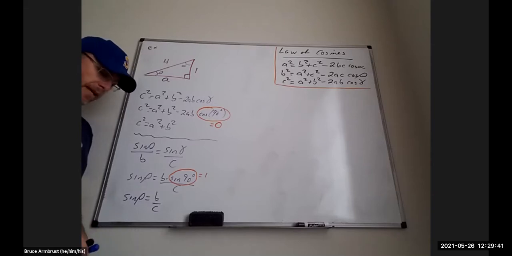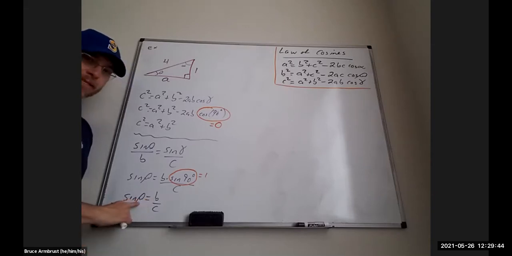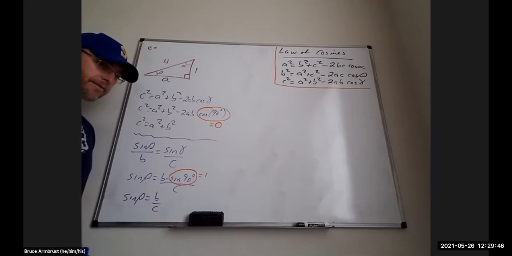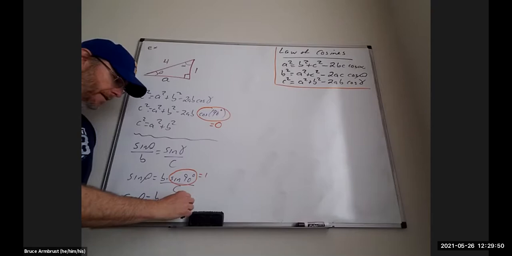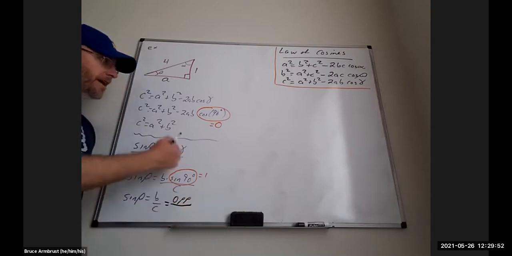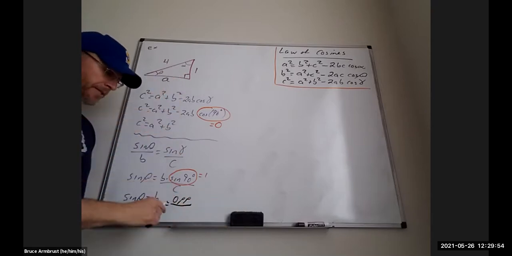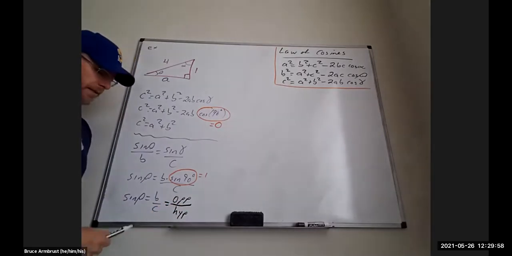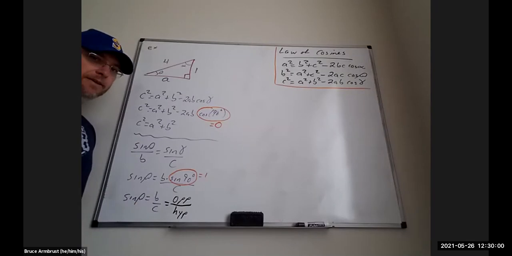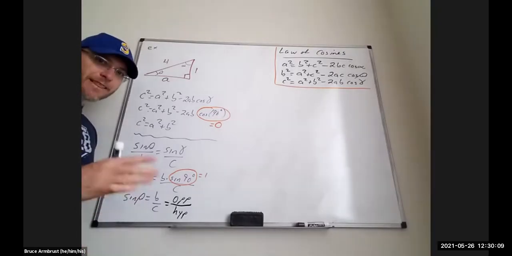Okay, well, b, that's the side that's opposite beta because of our naming scheme. And then c, that's the side opposite the right angle, which is the hypotenuse. Hey, guess what? Sine is opposite over hypotenuse. So check that out.